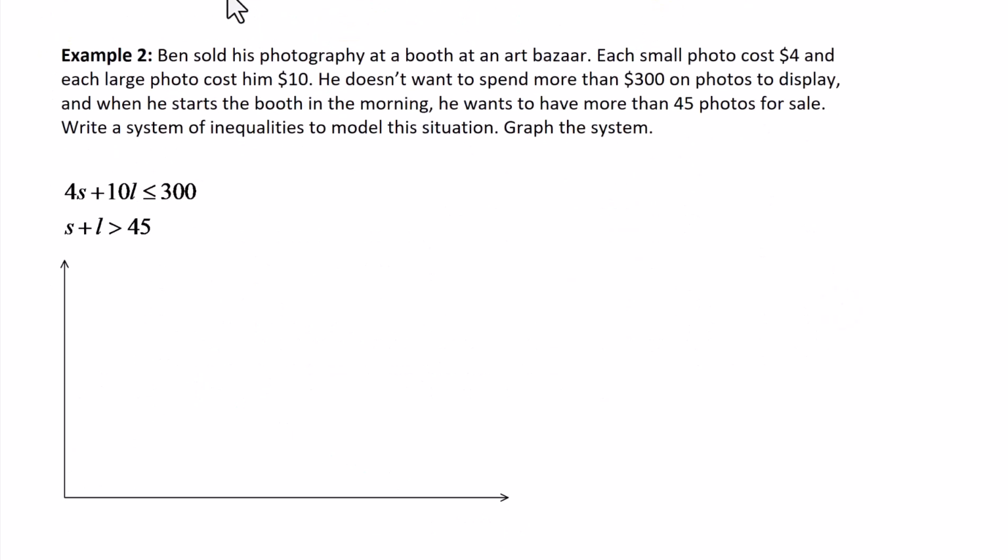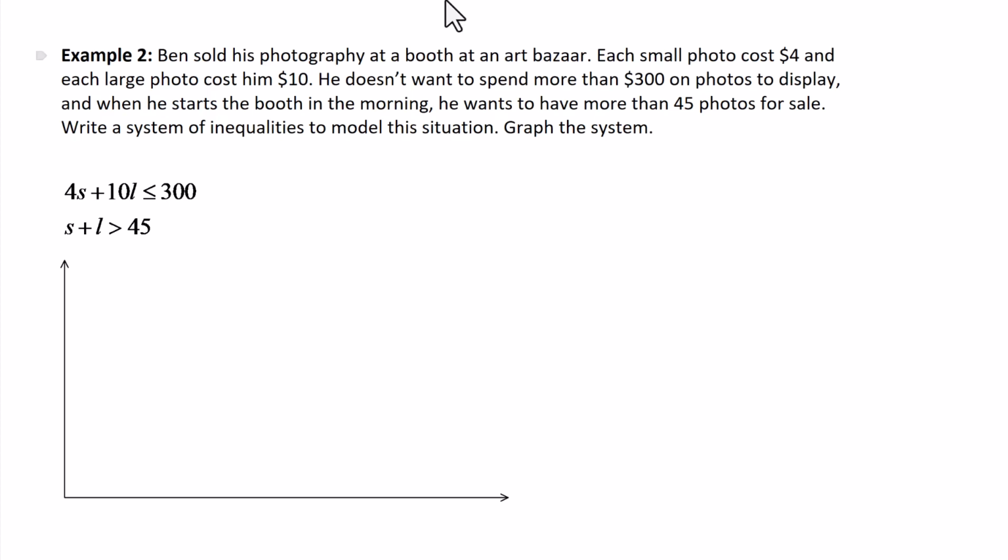Let's look at example 2. Ben sold his photography at a booth at an art bazaar. Each small photo cost $4 and each large photo cost him $10 to manufacture them. He doesn't want to spend more than $300 on photos to display.